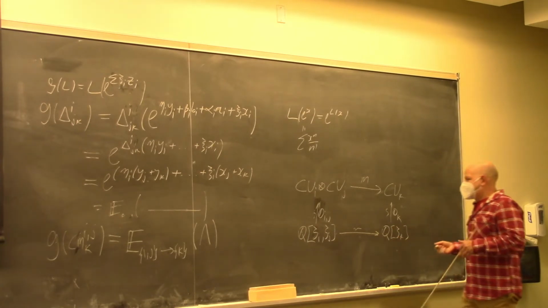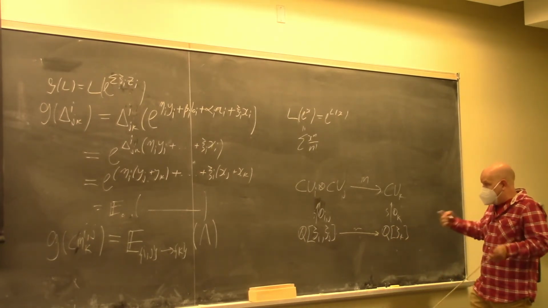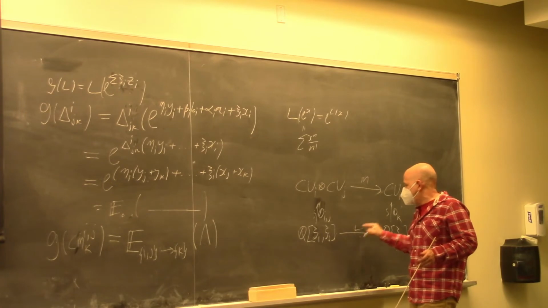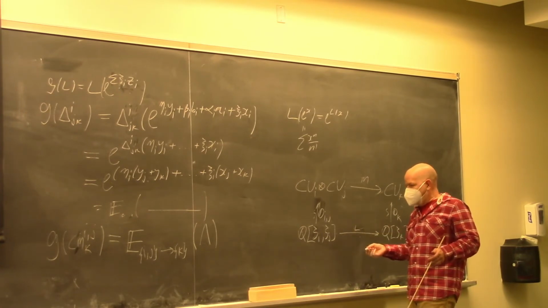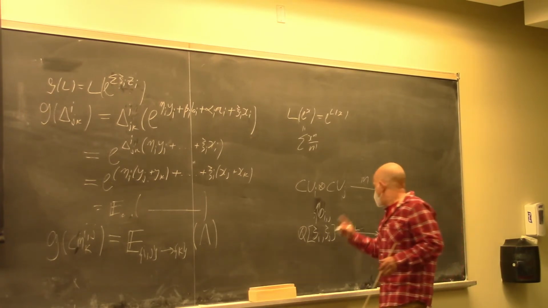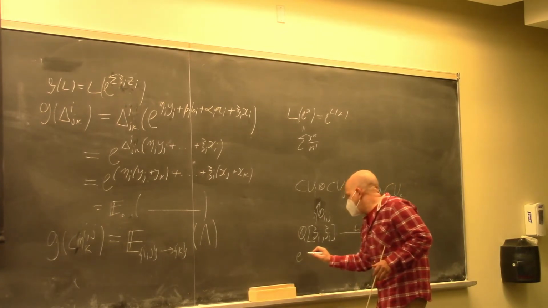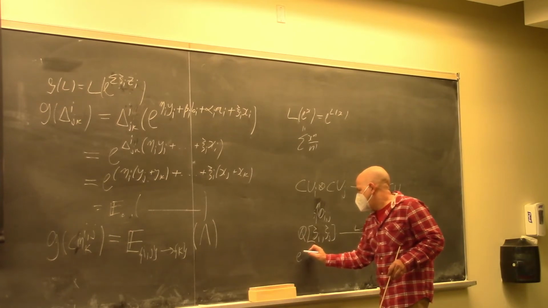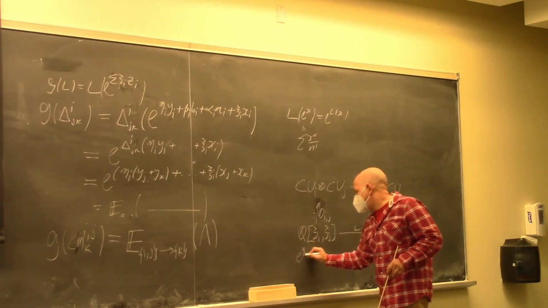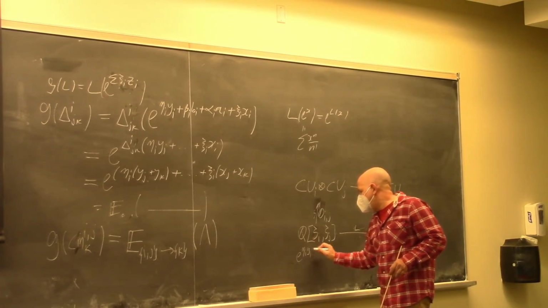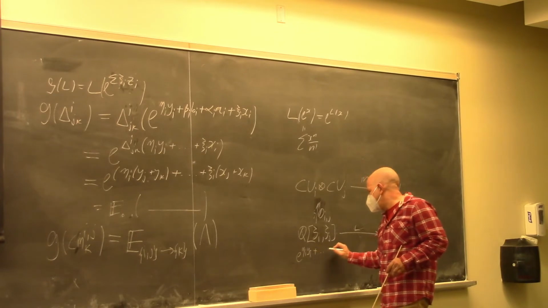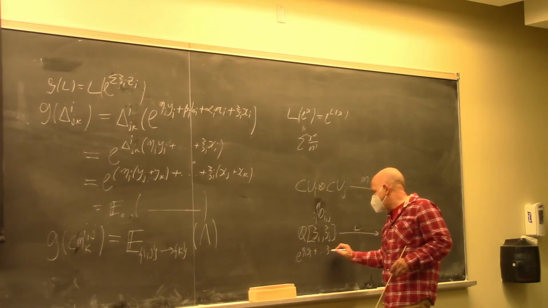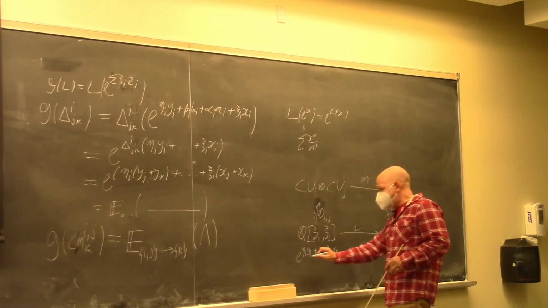So how do I compute the generating function of this morphism? I evaluate it on e to the eta I yi plus all the way up to psi j xj. So this is a sum of a thing.